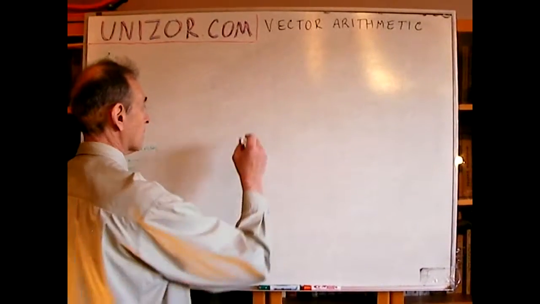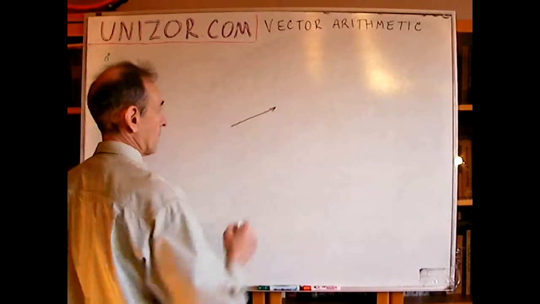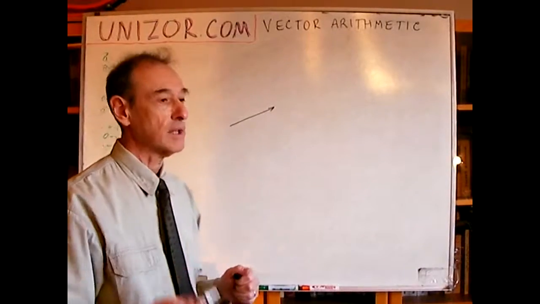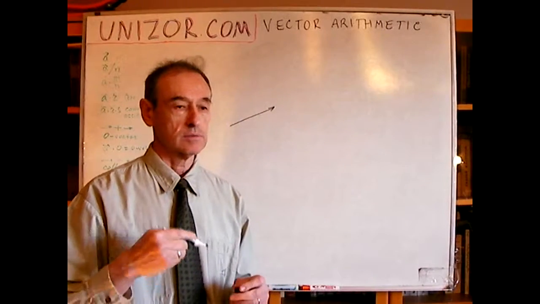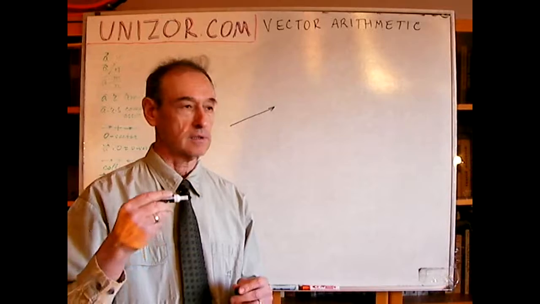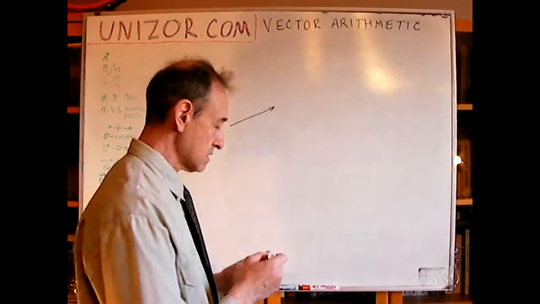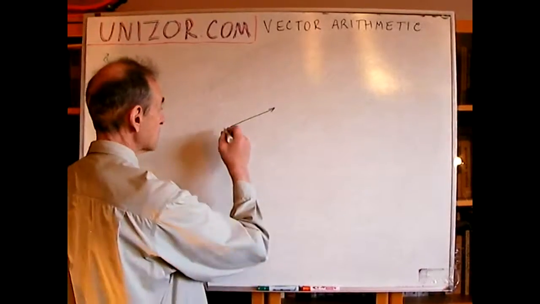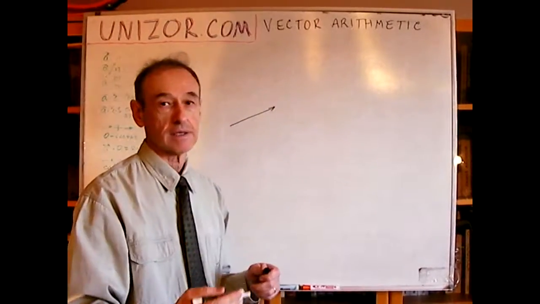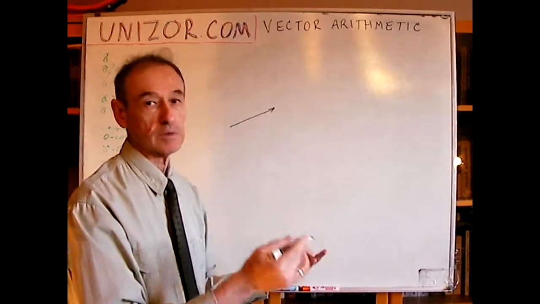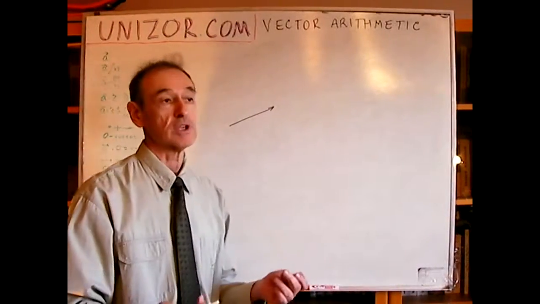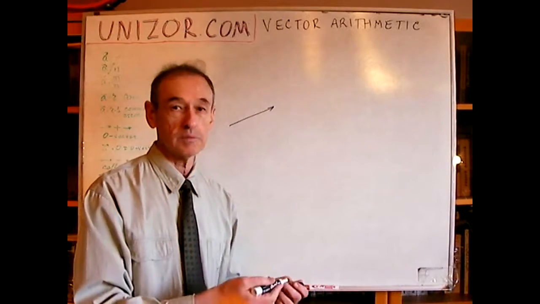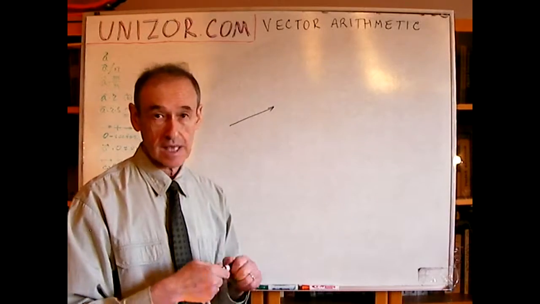If you have a vector, then to multiply it by 2, 1, 25, or whatever else, retain the direction of the vector and just make it longer by this factor. By the way, multiplication by 1 means that the length will stay exactly the same.